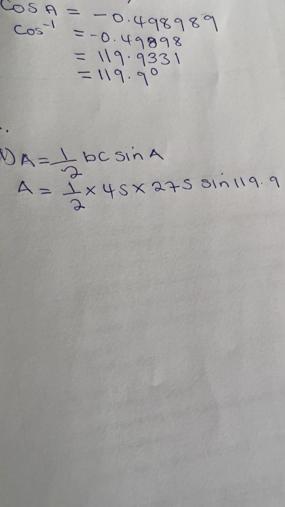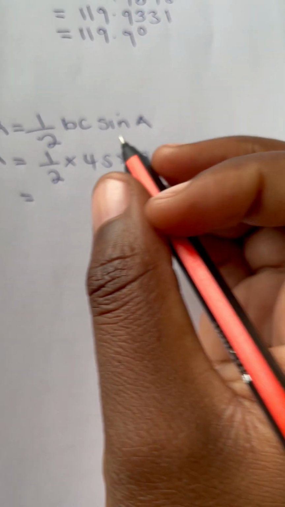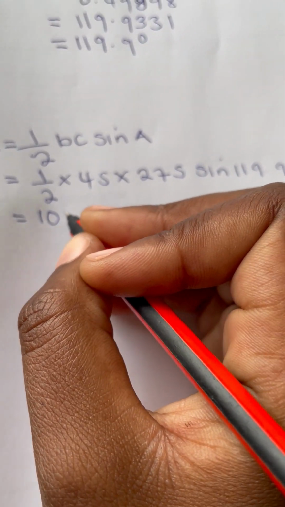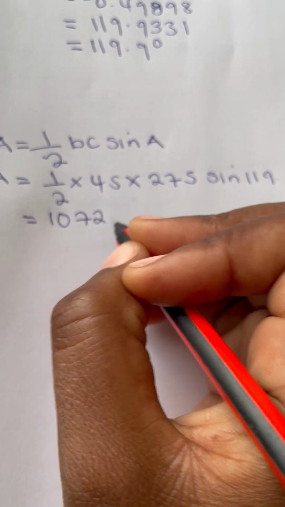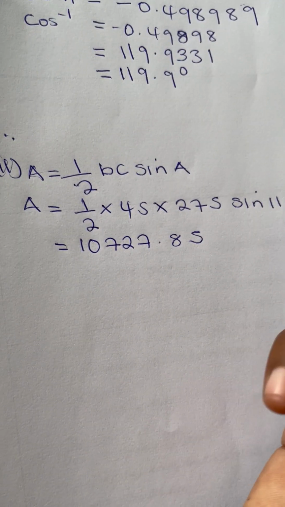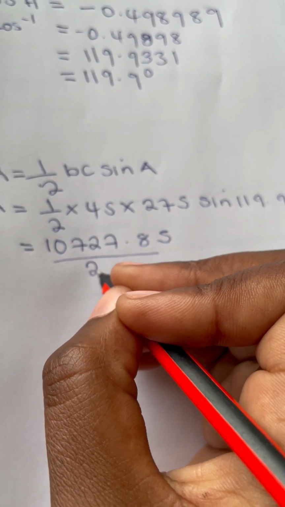Get your calculator, please, and punch on top there. We are going to have 10,727.85. Divide by this 2 here.